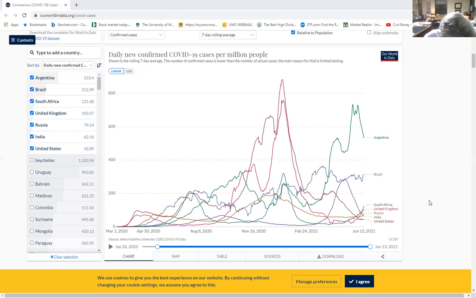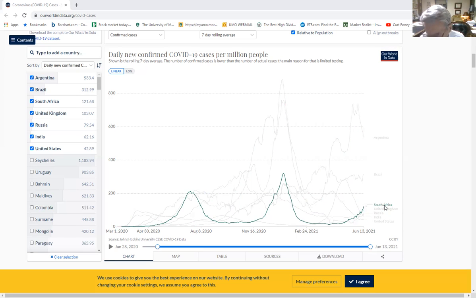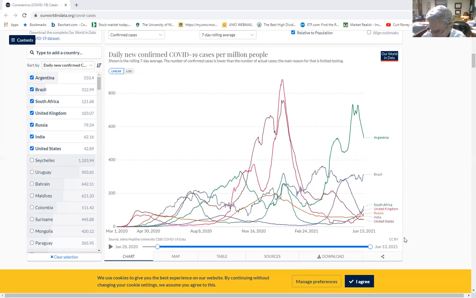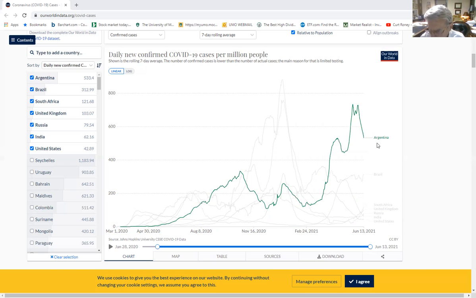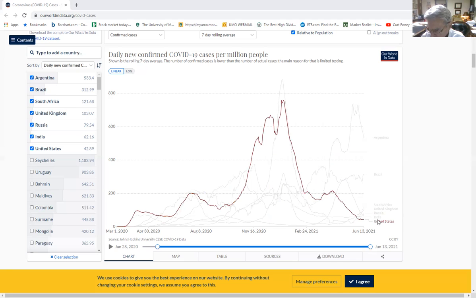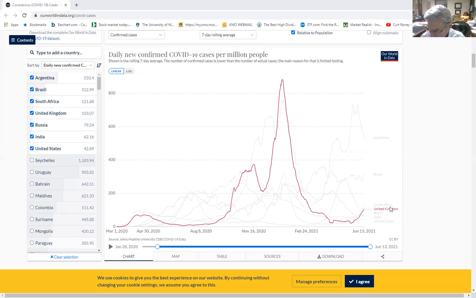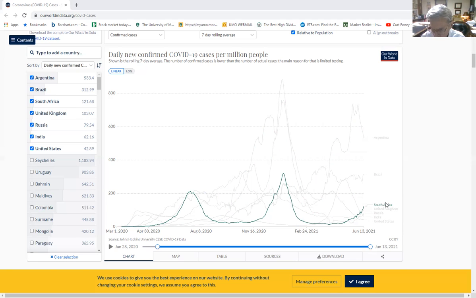Let me see here if I can, one other one that is worth looking at, and that's South Africa. And again, we've got these two surges. So South Africa, I'm sorry, I think I may have been calling South Africa, Argentina. If I was, I'm sorry.